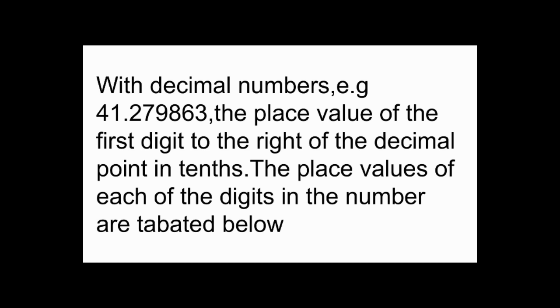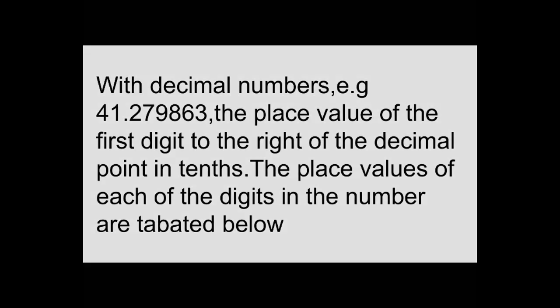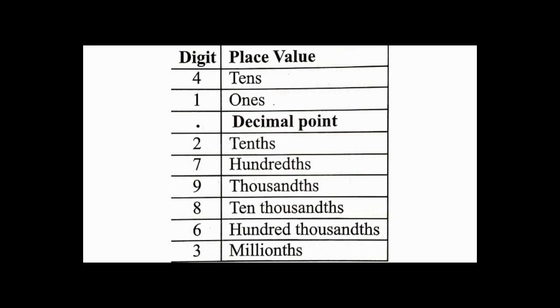So the 41 represents tens and ones. Then after the decimal, we begin with tenths, hundredths, thousandths, ten-thousandths, hundred-thousandths, and so on and so forth. So now, the place values of those numbers are as shown in the next table.